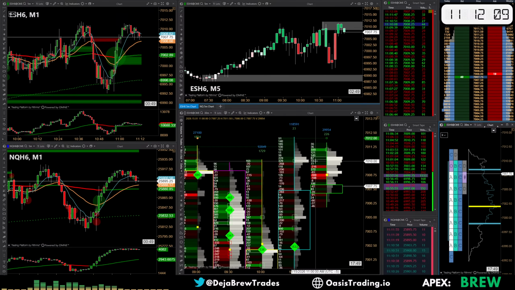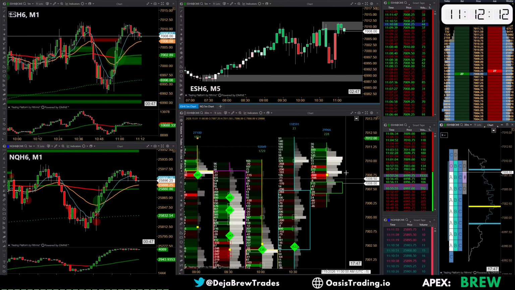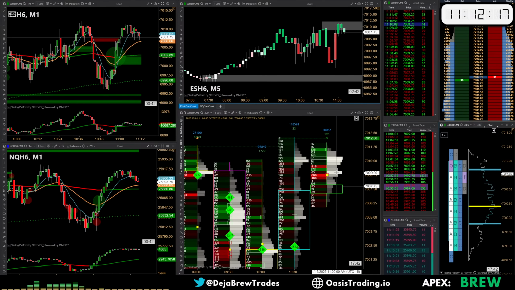Starting to lose this upper node again. Not finding too many buyers above 10, and which ones they are finding, they are being absorbed.